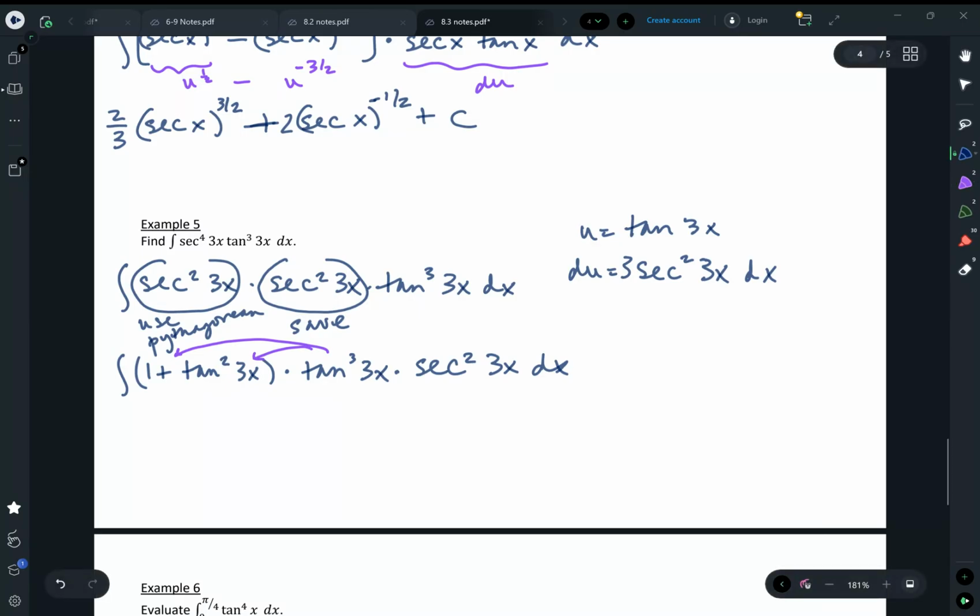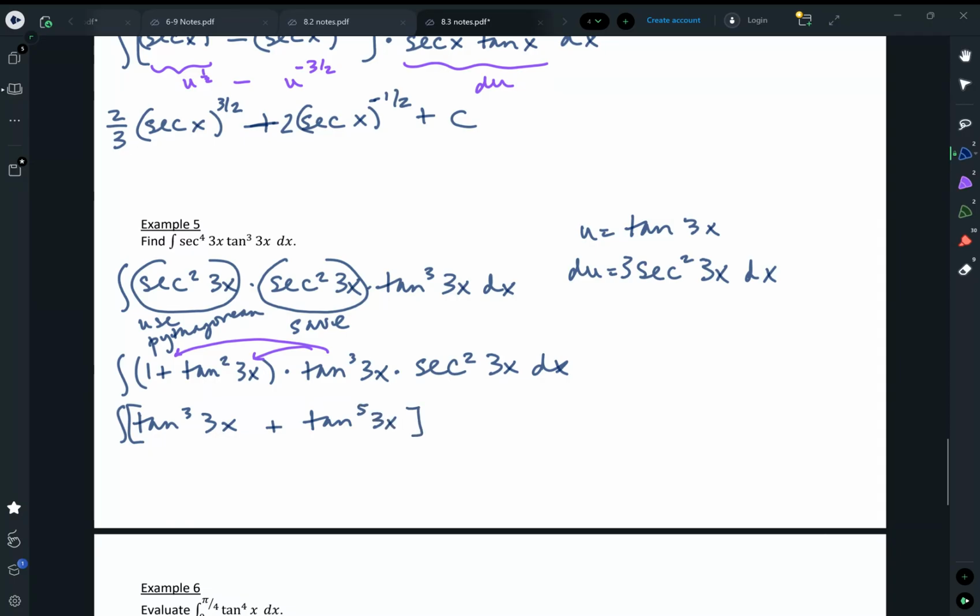Let's see what we get. This is going to give us the integral of tangent cubed 3x plus, brackets are necessary, tangent to the 5th power. And then remember, we did need that 3 in there.